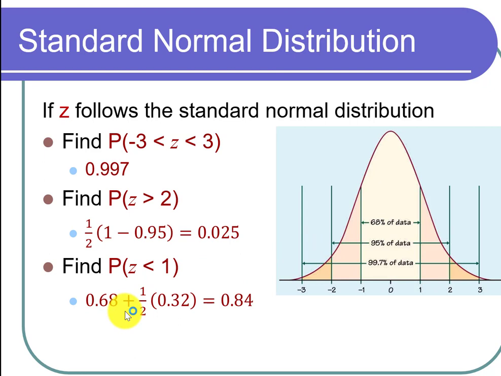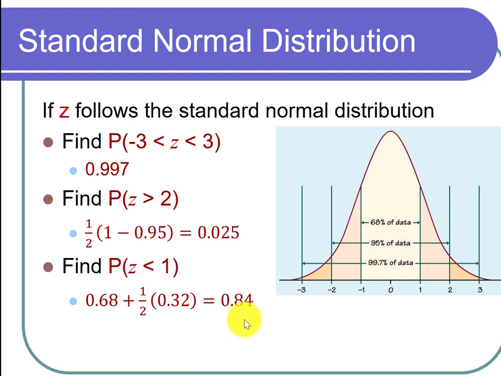So 0.68 plus 1/2 times 0.32, I popped that in my calculator, and I got 0.84. So there's the three answers to finding probabilities when we're given a standard normal distribution.